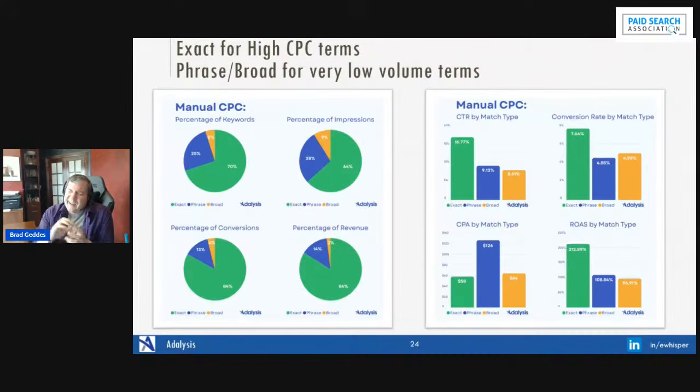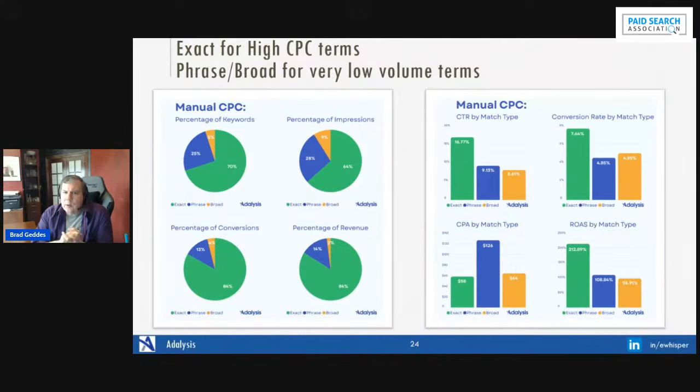And I was like, okay, I understand why phrase match does poorly with the max conversions and max conversion value bidding, because it doesn't have a lot of data and Google doesn't use all their bid technology for it. So phrase ends up expanding to bad stuff. It doesn't make sense for CPC bidding. So I had to dig further into the data to see what's going on here.